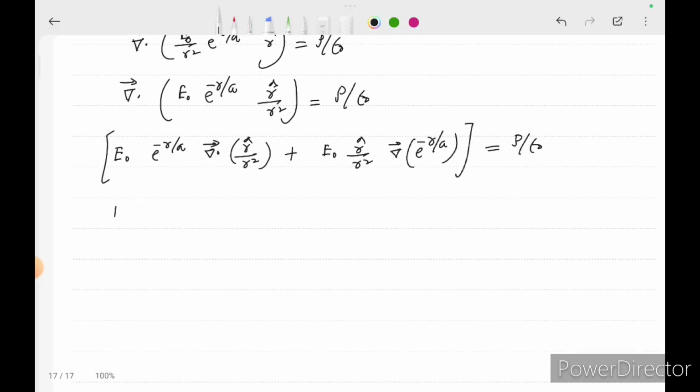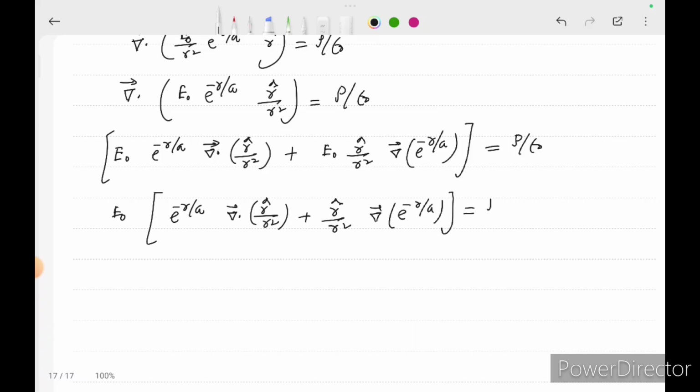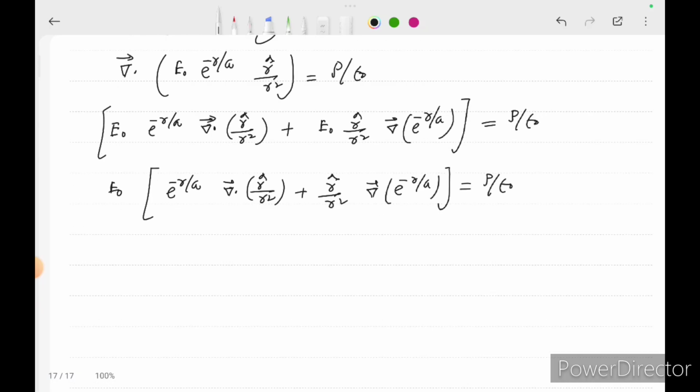Taking E0 common, we get e to the power minus r upon a times the divergence of r cap upon r square, plus the gradient of e to the power minus r by a, equal to rho upon epsilon naught.